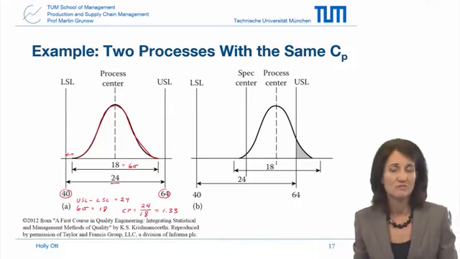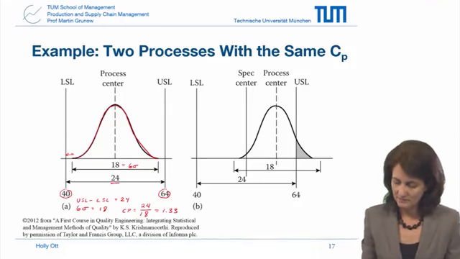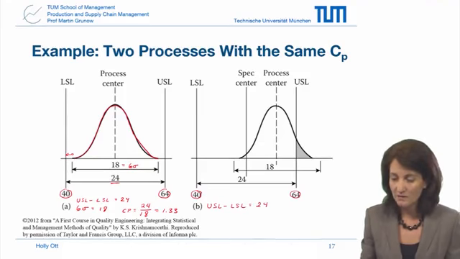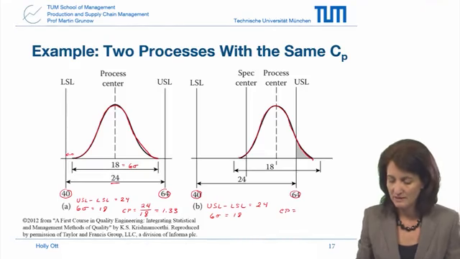So this is good. But on this side, we have the same upper and lower spec limits. USL minus LSL still equals 24. And we have the same variability of our distribution. 6 sigma still equals 18. Our CP in this case is also 24 over 18 equals 1.33.